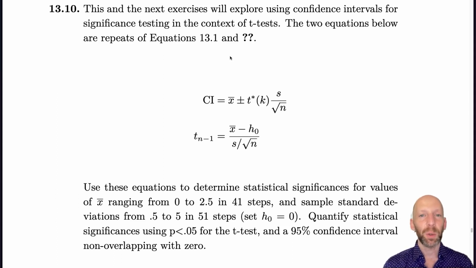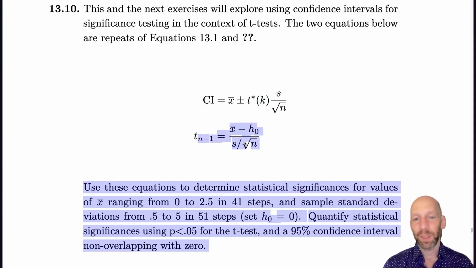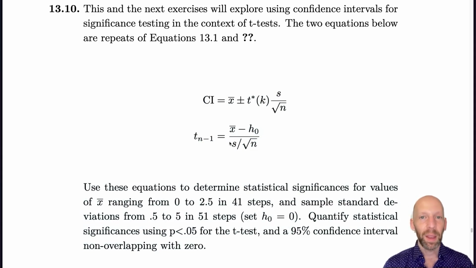So what you want to do here in exercise 10 is implement these two formulas. Here we have the analytic formula for the confidence interval, and here is obviously the t statistic. This refers back to a previous chapter, which I haven't compiled here.